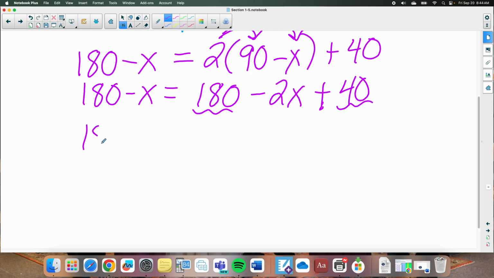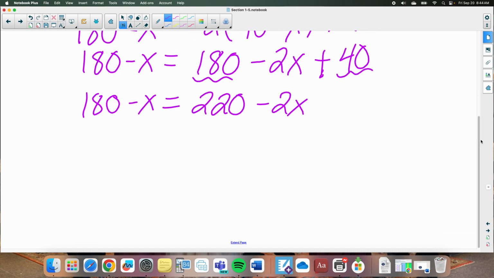Okay, so I'm gonna get the 180 minus X equals 180 plus 40 is 220, and then I have minus 2X.